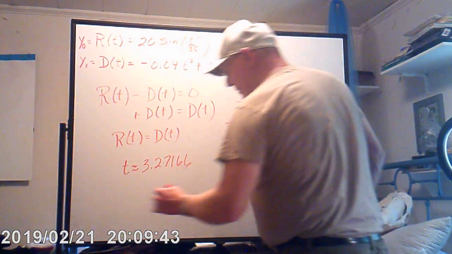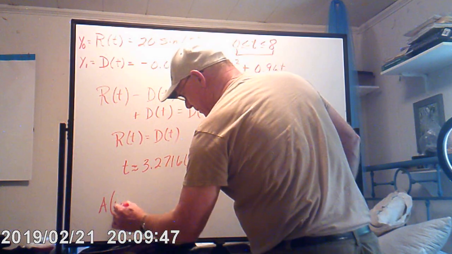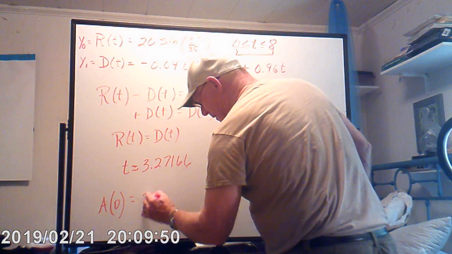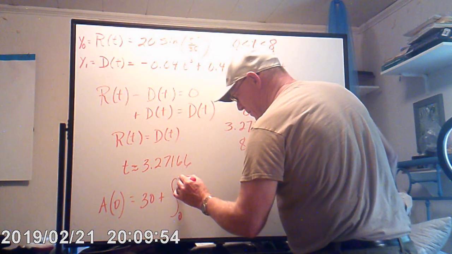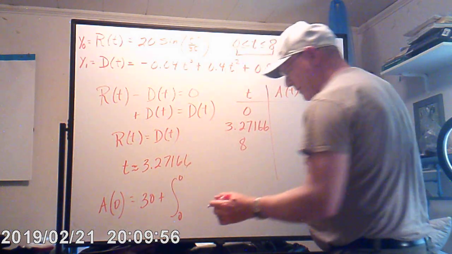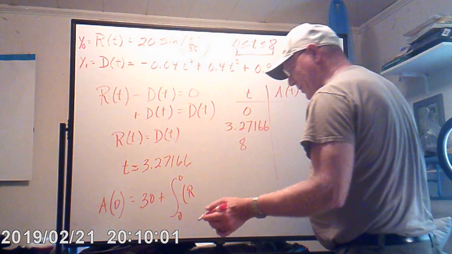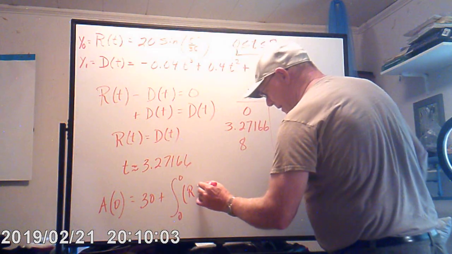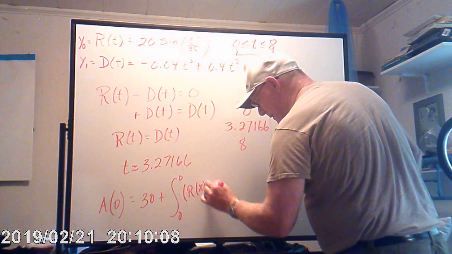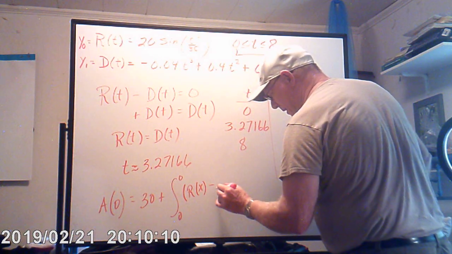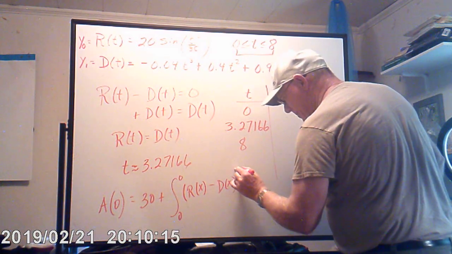Bear in mind that you're plugging that into each one of these. So first of all, A at 0 is 30 plus the integral from 0 to 0 of R at x minus D at x dx.